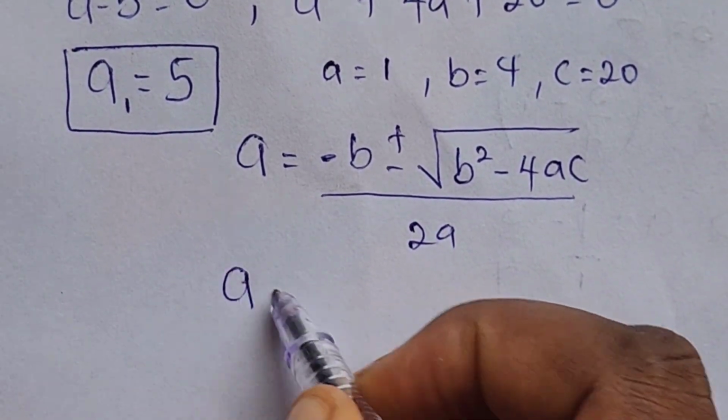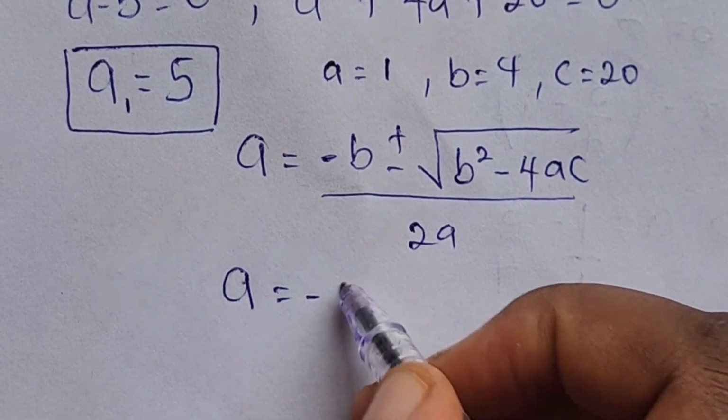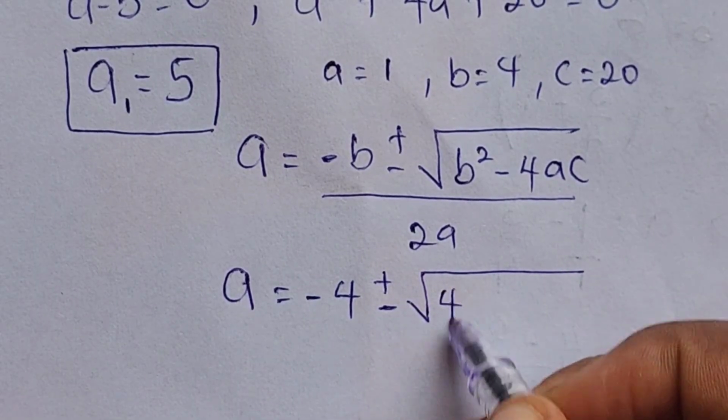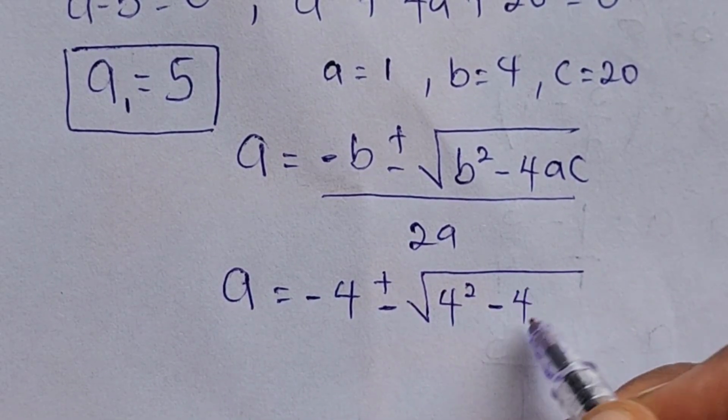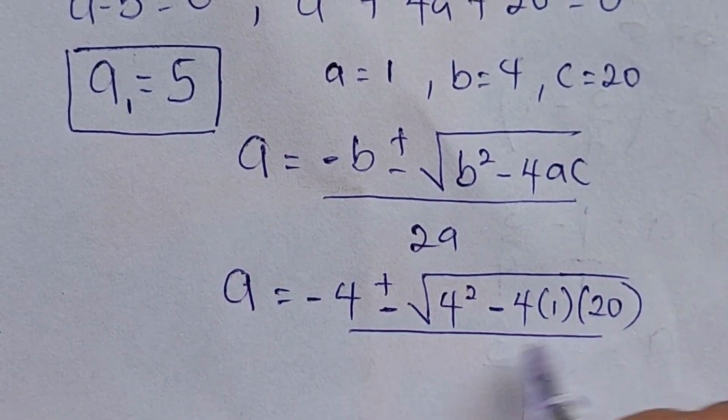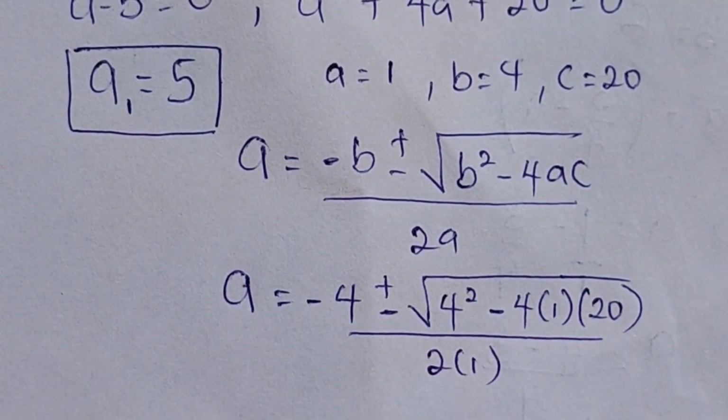So our a is equal to, we have minus 4 plus or minus 4 to the power of 2 minus 4 times 1 times 20, all over 2 times 1.